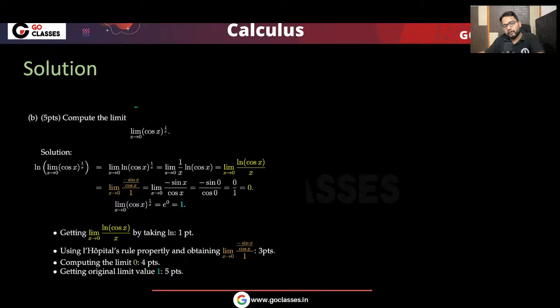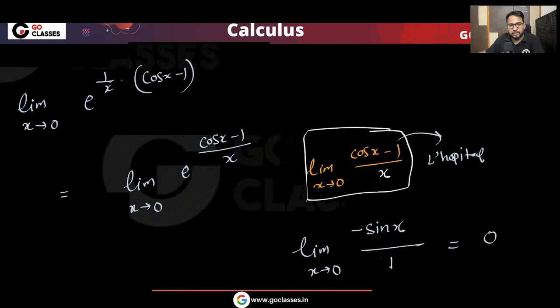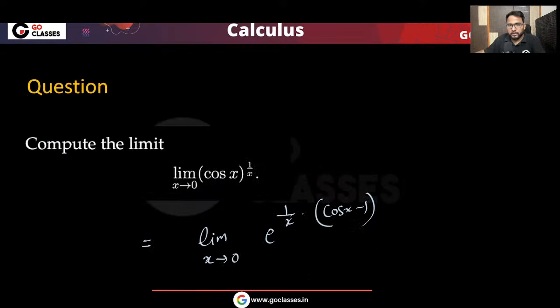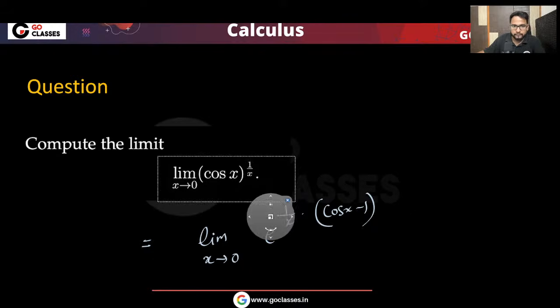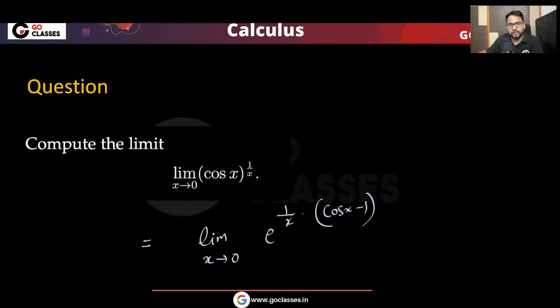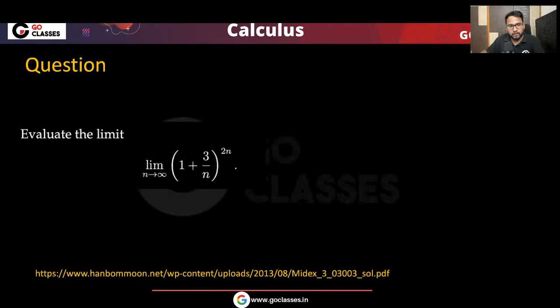Now tell me, suppose this question is given to you. Okay. Just a second, I'm not able to copy. Yeah. Suppose this question is given to you, and now you don't know the trick. Which means, trick in the sense, I mean, there is no trick or something.